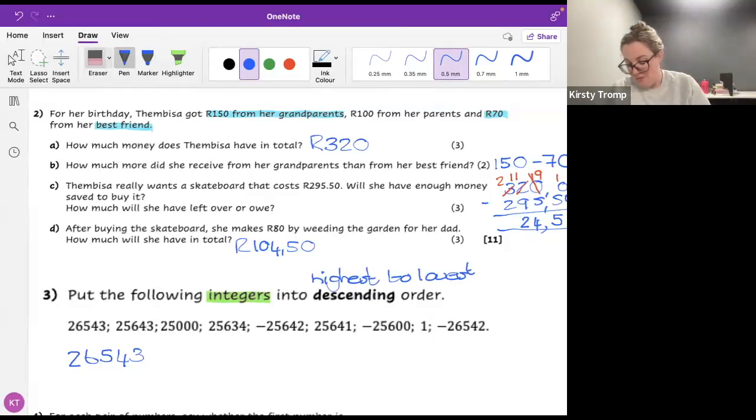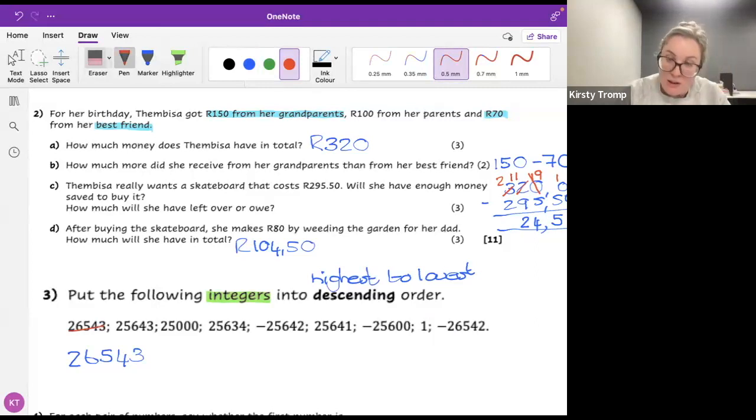Okay, so let us continue. 26,543 is my biggest number. Now I'm looking for my second biggest number out of all of those. I've already crossed that number off. I'm looking for the next biggest number.